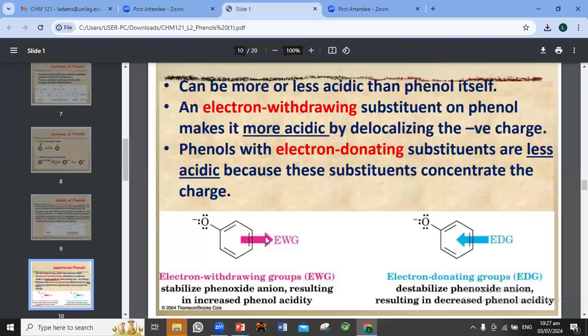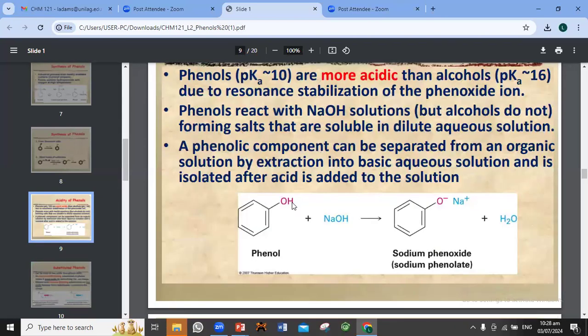If it is pulling electrons away, because oxygen and hydrogen are sharing a bond, if you pull electrons away from oxygen, it will pull the electrons it is sharing with hydrogen and therefore push the hydrogen away as H+. But if the oxygen is richer in electrons, it will not want to take the electron pair it is sharing with the hydrogen, and therefore it will be reluctant to push the H away as H+.